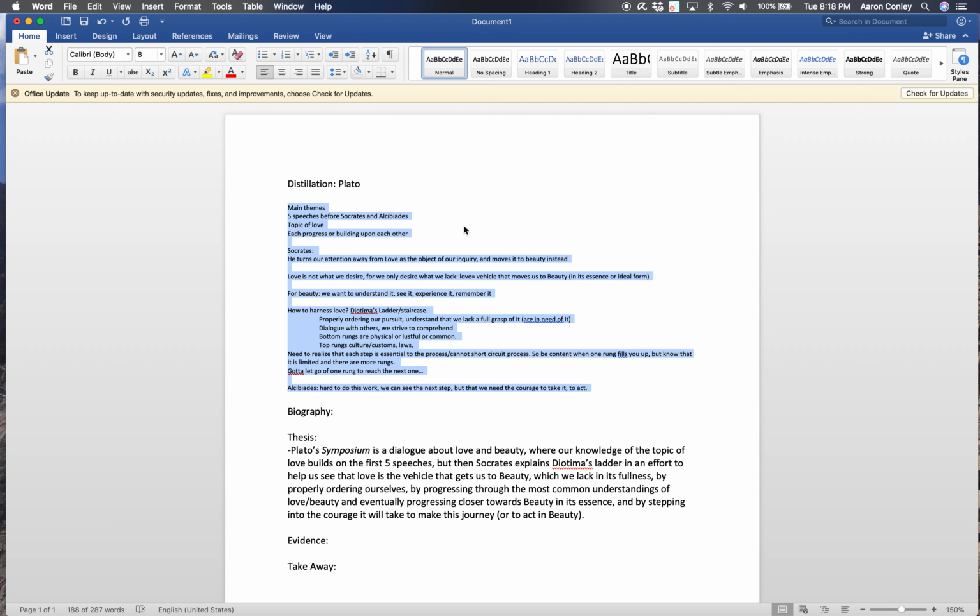I'm going to list out these main themes here bolded, but I'm going to delete them or not include them in the actual distillation that I'm going to turn in, or that you will turn in to me. But I listed several themes that I just thought of offhand. I can always go back and amend these or add to them, or if I remember a more pertinent theme, I can definitely add it in here as well.